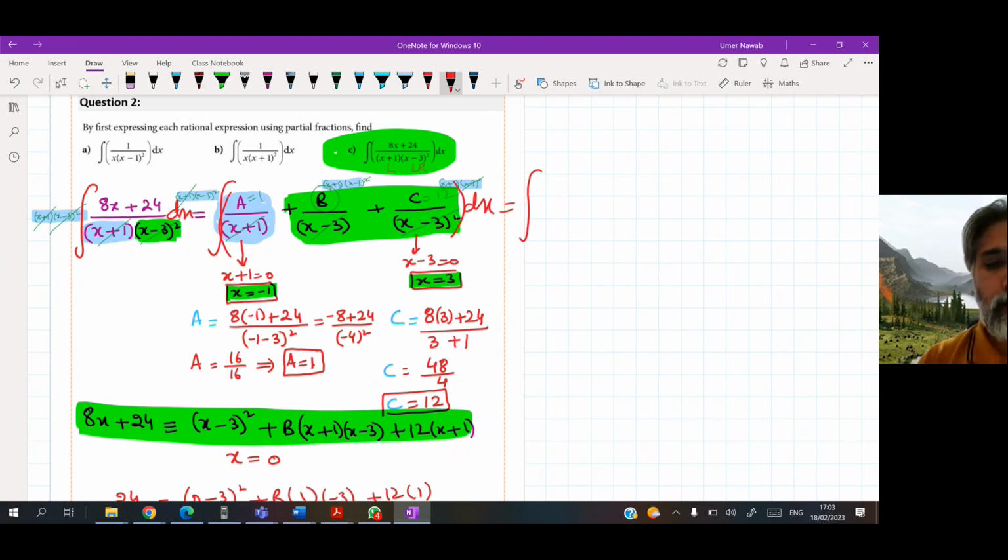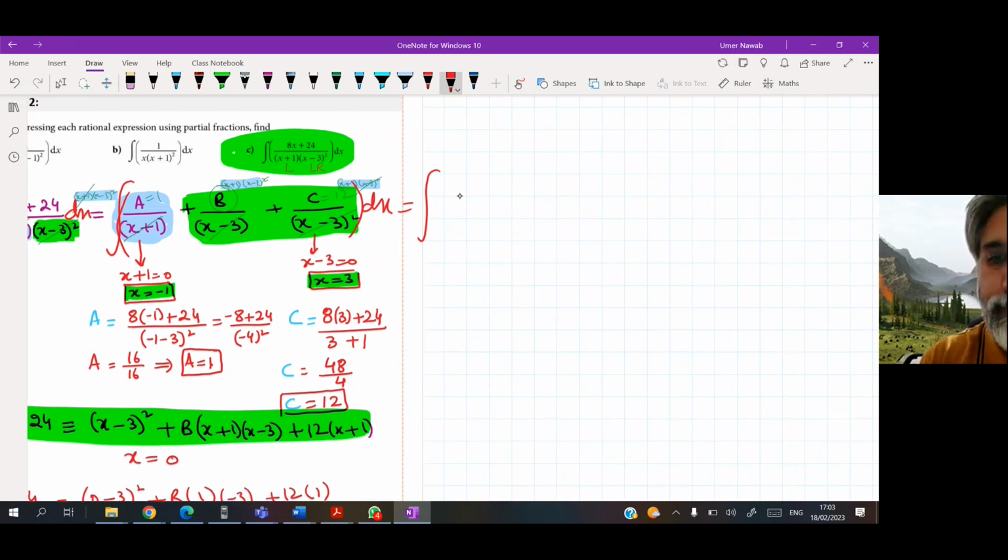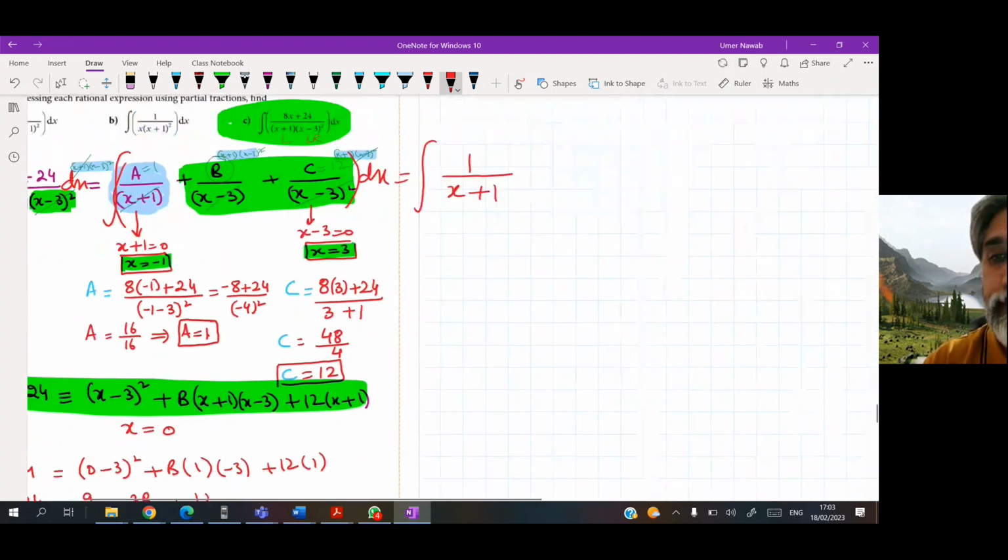So what is A? A is 1 over x plus 1. B was found to be minus 1, and plus 12 over x minus 3 whole squared.